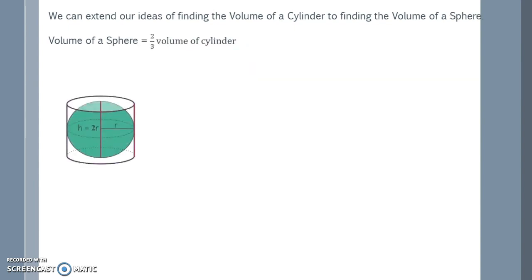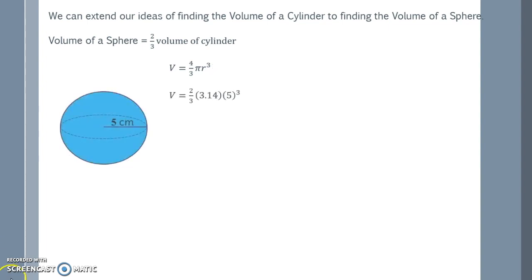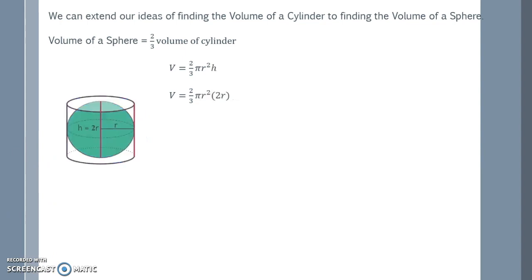We can further extend our ideas of finding the volume of a cylinder to find the volume of a sphere. The volume of a sphere is 2/3 the volume of a cylinder. So if we know that the volume of a cylinder is pi r squared times height, and in particular our height here is 2r, since radius is just halfway and 2 radiuses would be all the way across.